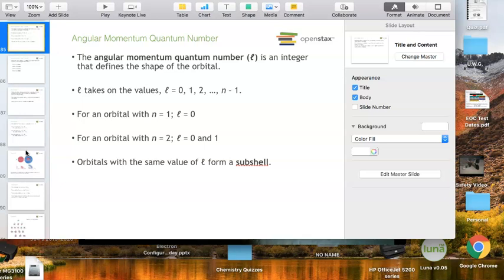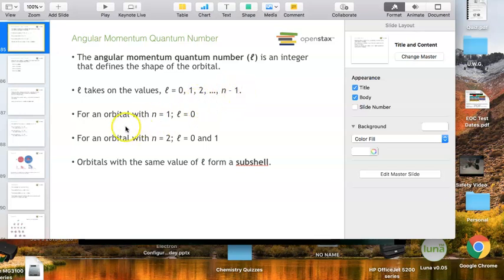So the next quantum number we're going to learn is referred to as L. That's the angular momentum quantum number. It's an integer that defines the shape of an orbital. L can take on the values of 0, 1, 2, 3, and so on. And to find L, you just take n minus 1.